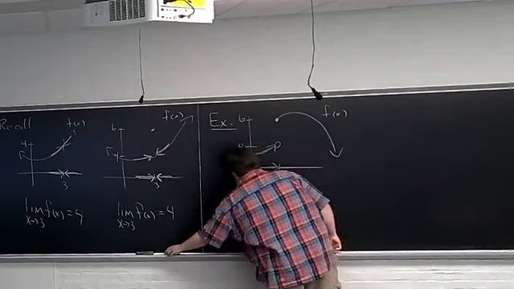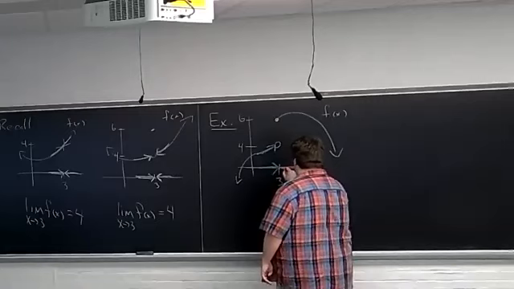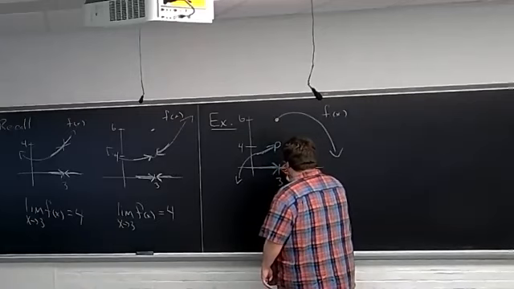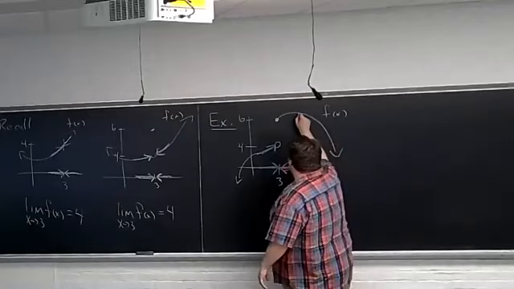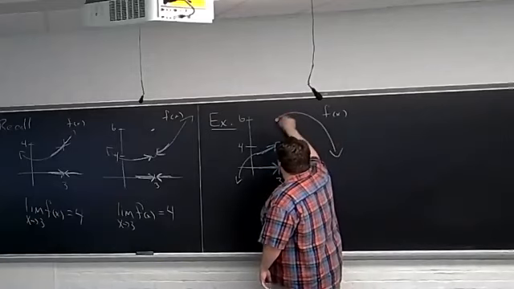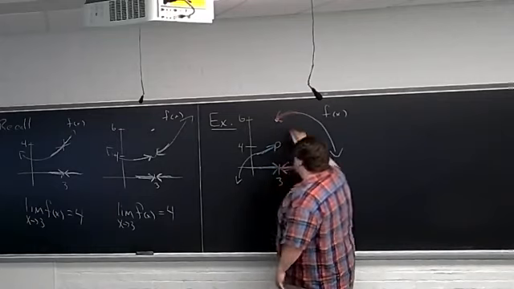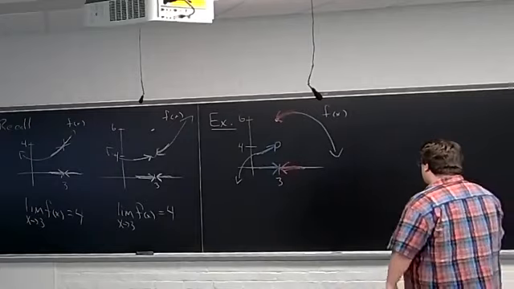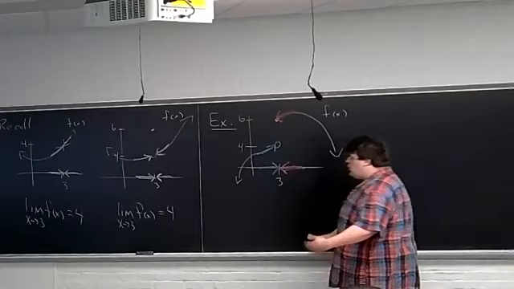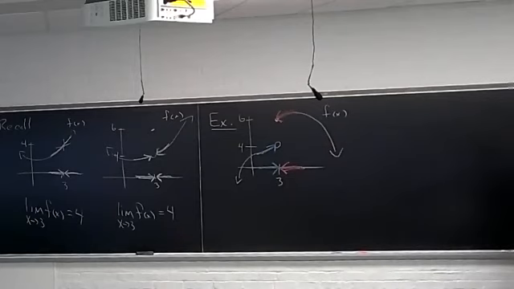But what happens here on the right of 3? On the right of 3, what does the function do? Well, the function's up here on the right of 3. And on the right of 3, the function approaches 6. And when that happens, well, let's go back to the definition of the limit from Friday.